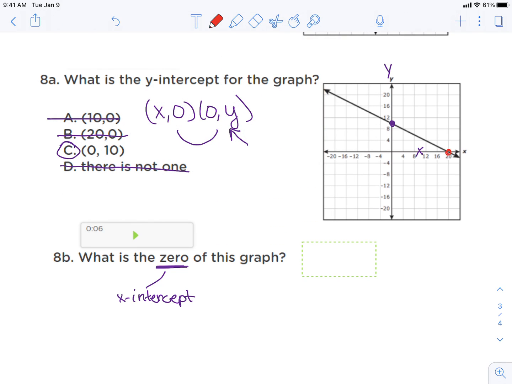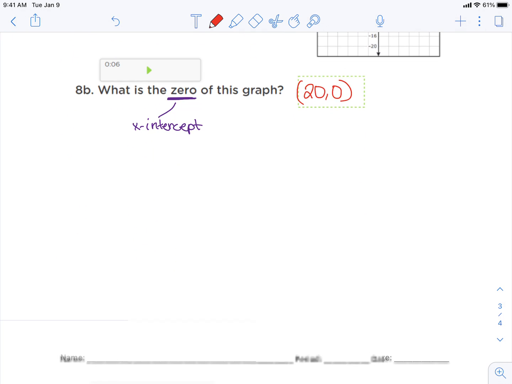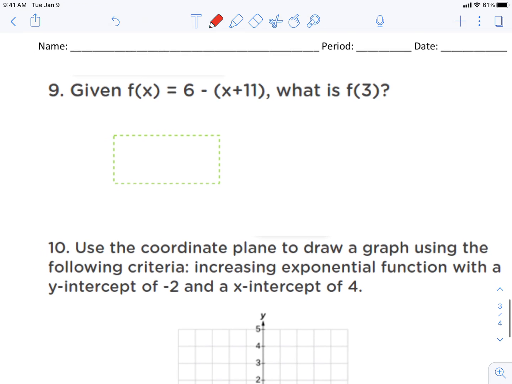Well, it's crossing right there. Because it's an x-intercept, we want to write it properly, where the x goes first, comma 0. So it's crossing through 20, comma 0. Just like that. Okay, moving on.